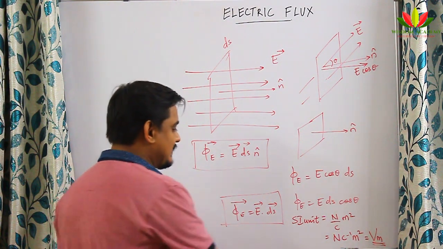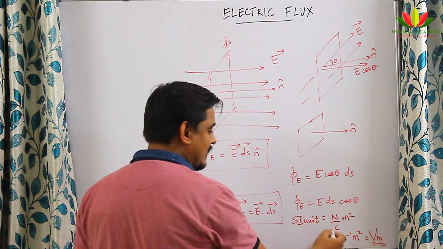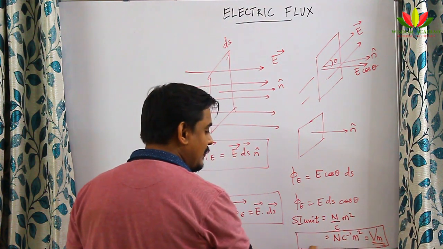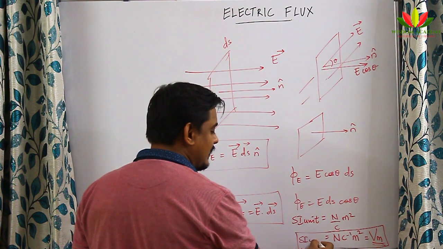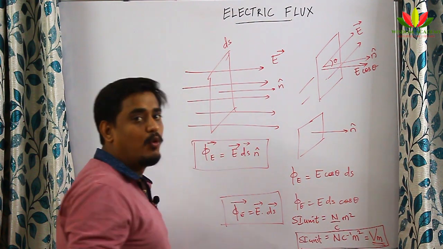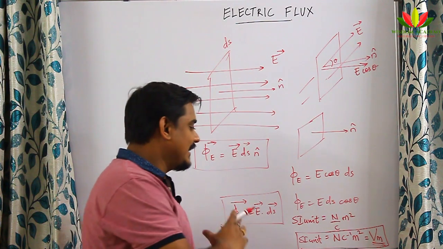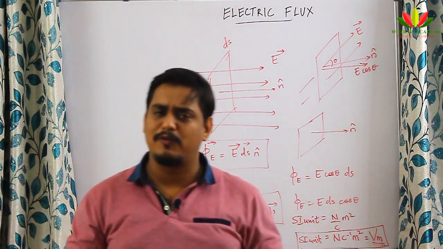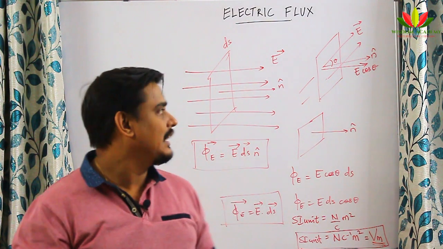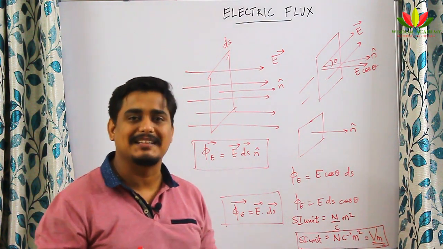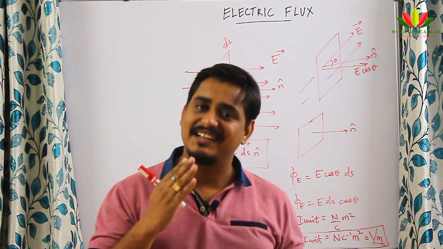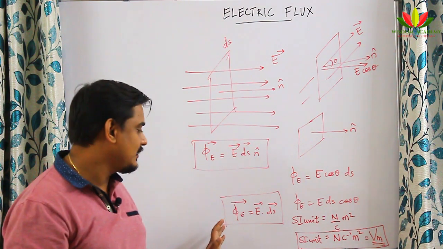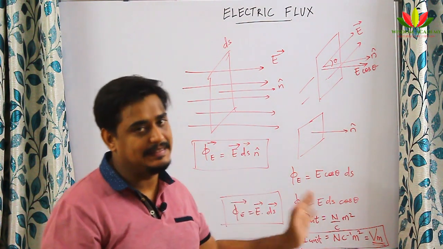So remember, SI unit of electric flux is Newton per coulomb per meter square, or that is also equal to volt meter. This is about the SI unit of electric flux. So once again, if I repeat, electric flux is the electric lines of forces passing normally through a given area. You can add this definition, and numerical value of electric flux is E dot ds.